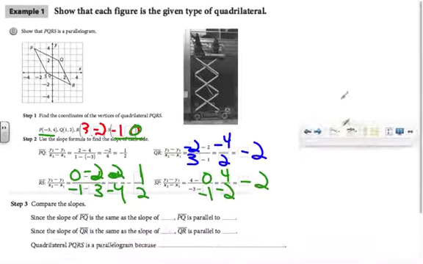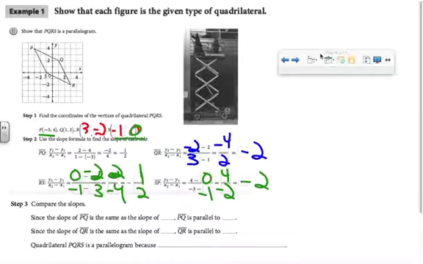In step 3, it says to compare the slopes. So I noticed that the slope of PQ is the same as the slope of RS. So PQ is parallel to RS.